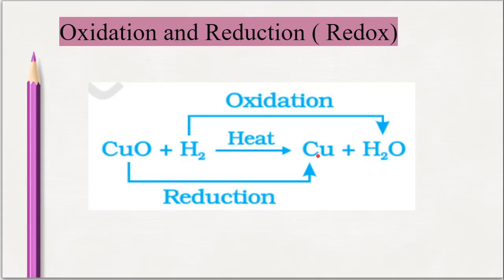Oxygen is added, it means it is oxidation, and oxygen is removed, it means it is reduction. So in this reaction, oxidation and reduction both processes are happening together. So this example is of redox reaction.